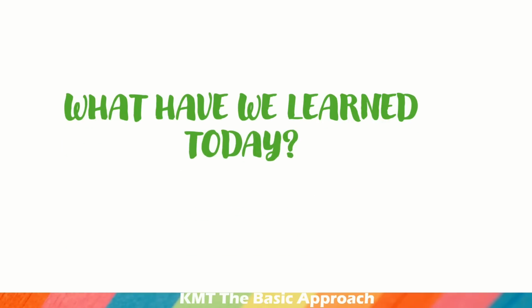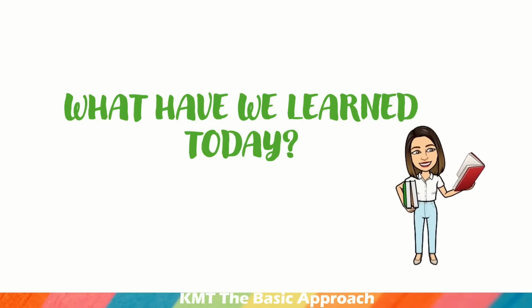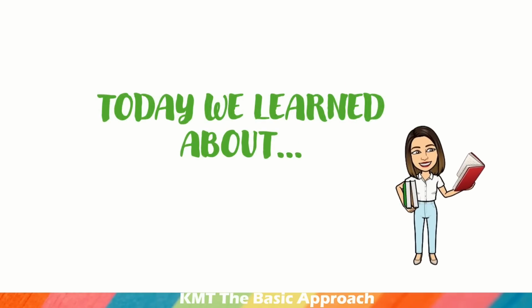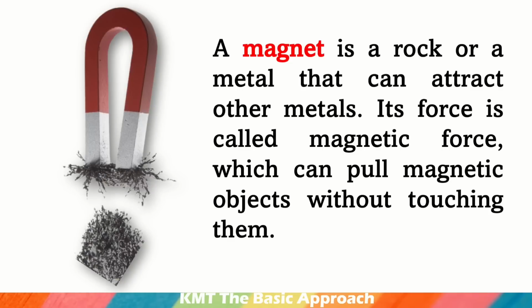What have we learned today? Today, we learned that a magnet is a rock or a metal that can attract other metals. Its force is called magnetic force, which can pull magnetic objects without touching them.